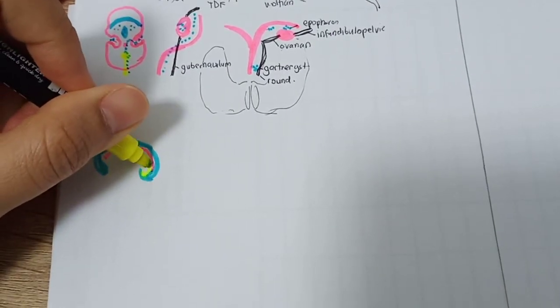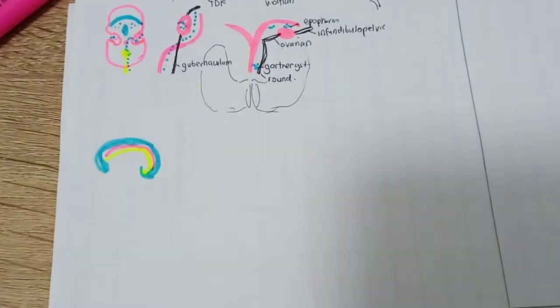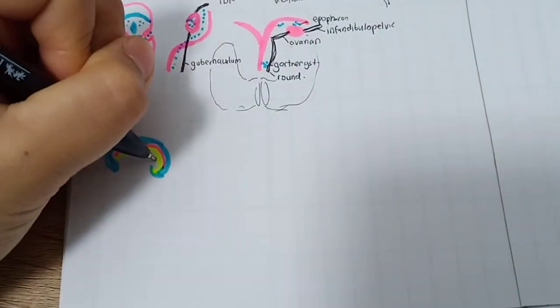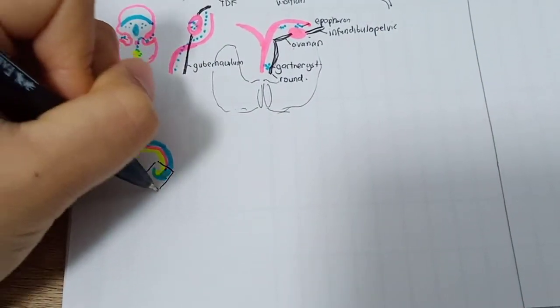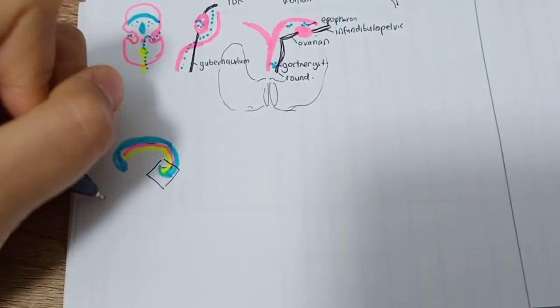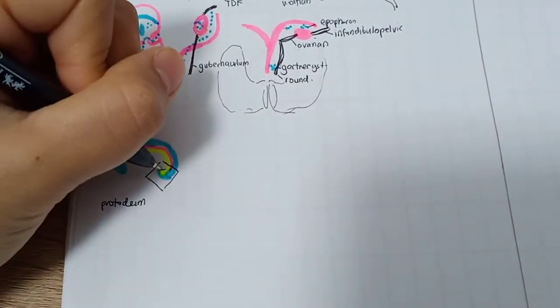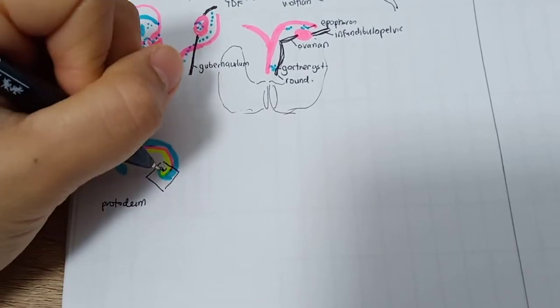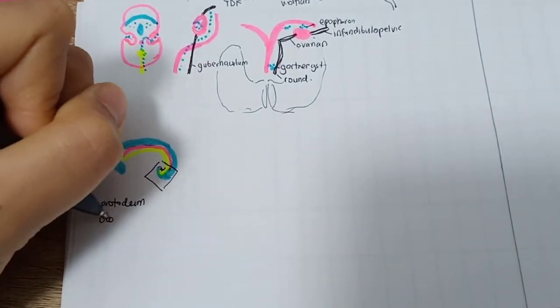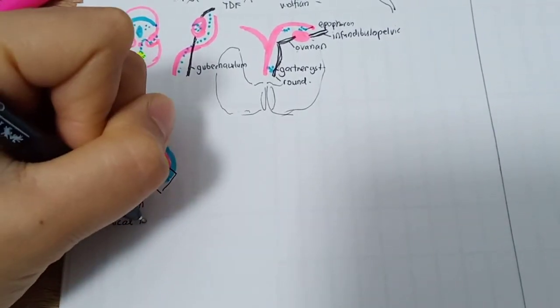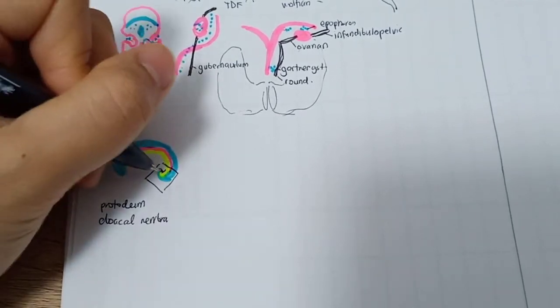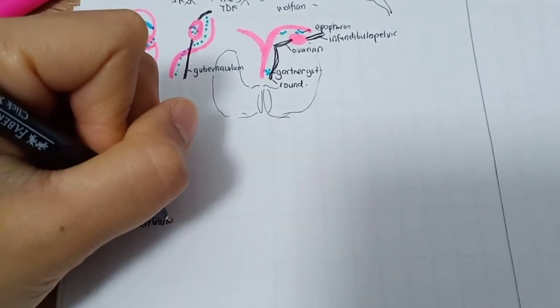If you look clearly at this point, there will be a spatial part that we call the cloacal membrane, which at this point we call the proctodeum. So basically it's a layer, the cloacal membrane, between the endoderm and also the ectoderm.